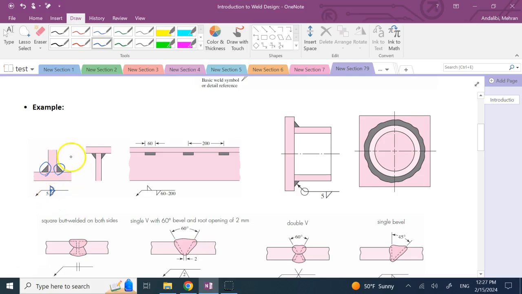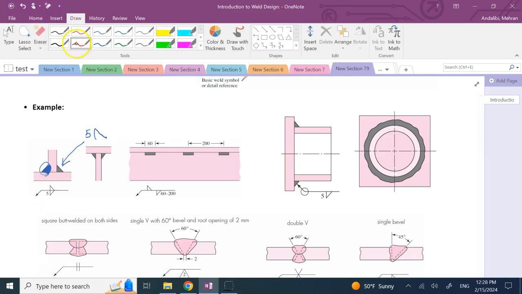But if instead of that I used this symbol here, and I did this only on the top part, and I said 5, what does it mean? Since it's above, it means only the other side should be welded, not this side. Okay? You see that?